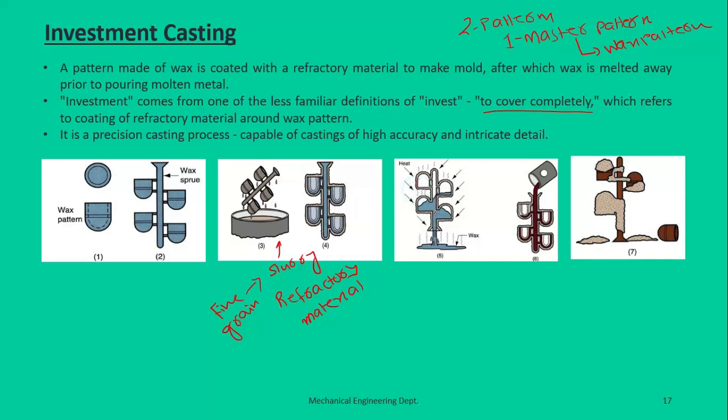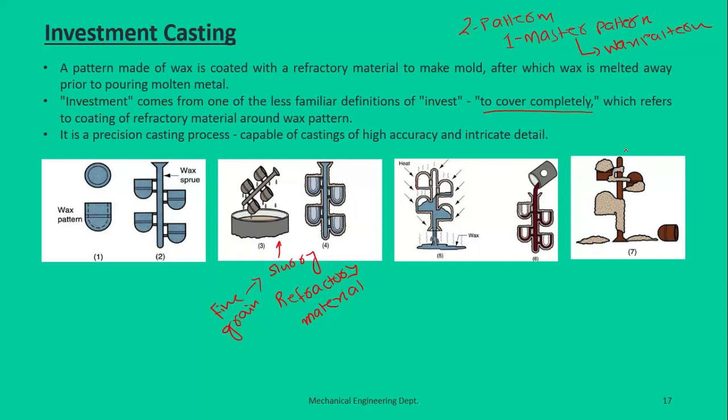Then it is inverted and heated so that the wax melts out of this shell of refractory material, leaving behind a cavity made up of the refractory material. So we simply pour the molten material into this cavity and allow it to solidify.